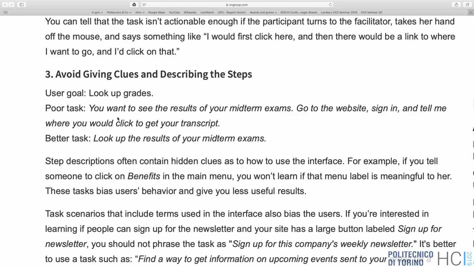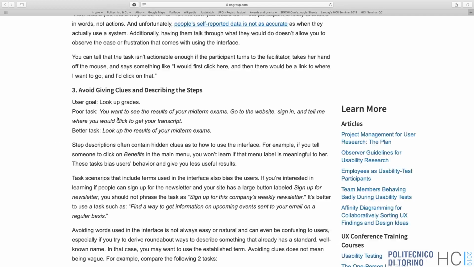A better task is look up the result of your midterm exam on the website that is open in front of you. So you have a specific task again. Look for the result of what? Of your exam, not any exam, the midterm exam of all your courses in a university.